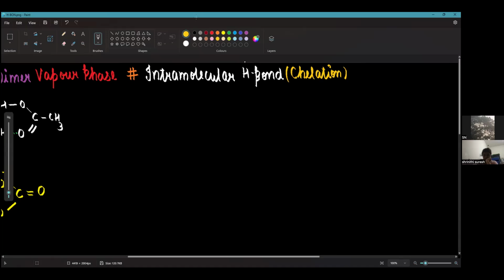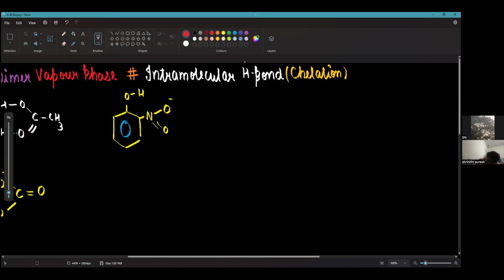Okay, so let's do this. Very simple. Suppose the first example that I want to give you is orthonitrophenol. See, orthonitrophenol will be something like this. And this was asked in a very recent NEET paper. It was asked in the 2024 NEET paper. See, this compound forms intramolecular hydrogen bonding.